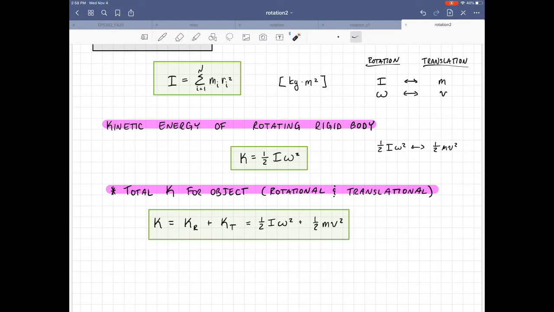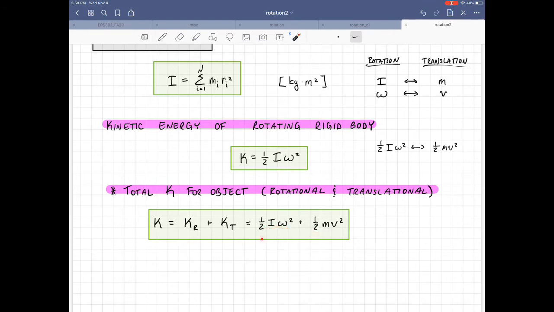So now that we're going to allow objects to rotate, when we talk about kinetic energy, what we really mean is what's the kinetic energy due to the object rotating, and what's the kinetic energy due to the object moving translationally. And so then you just add these two terms together, 1/2 I omega squared plus 1/2 mv squared. And these terms don't both have to be non-zero.